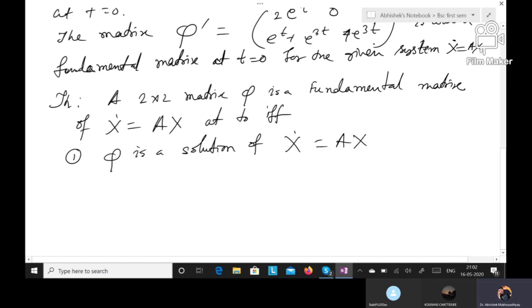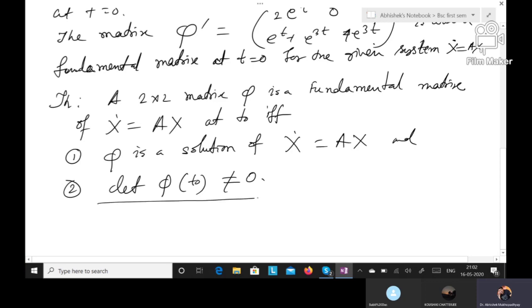That is, if we place phi in the place of x, then we will see that phi dot equal to A phi. And the second one is the determinant of phi at t0 is not equal to 0.